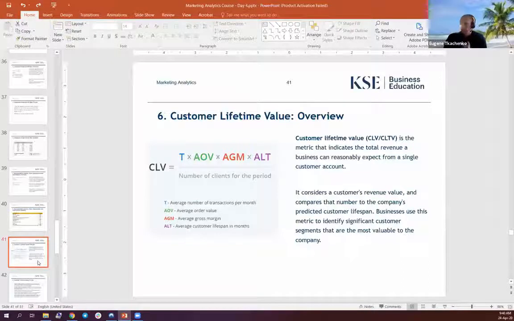Customer lifetime value. So the trick about customer lifetime value, there are basically a number of ways to define and to analyze customer lifetime value. So think about this one.